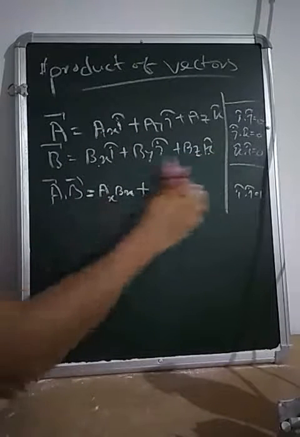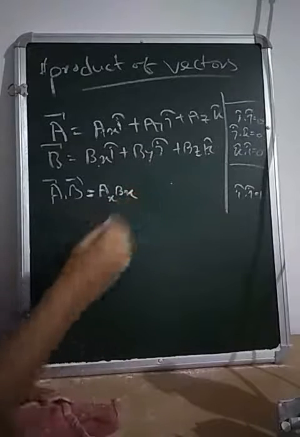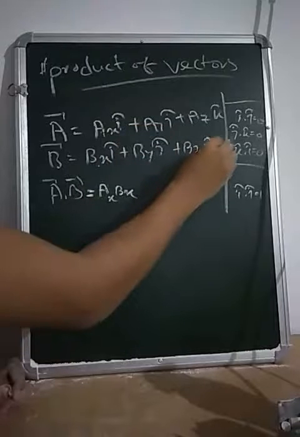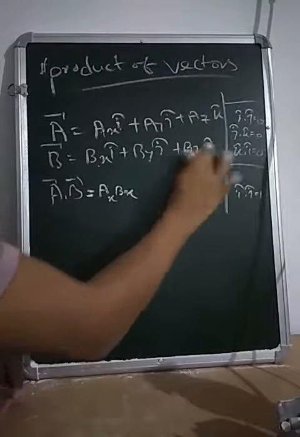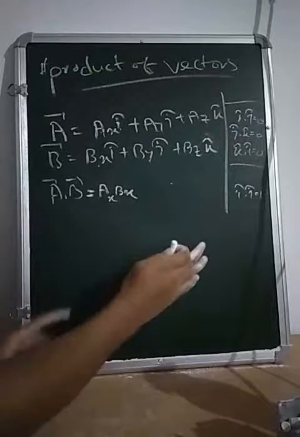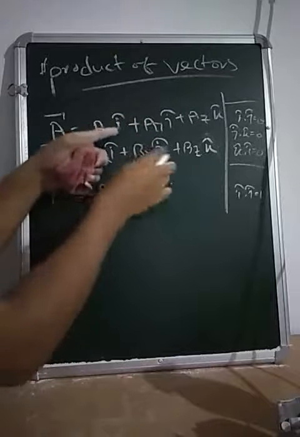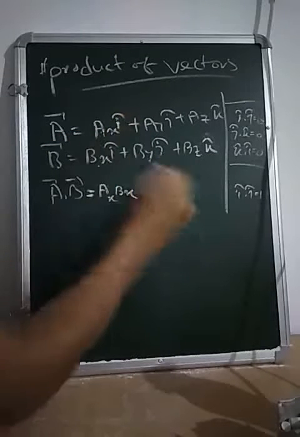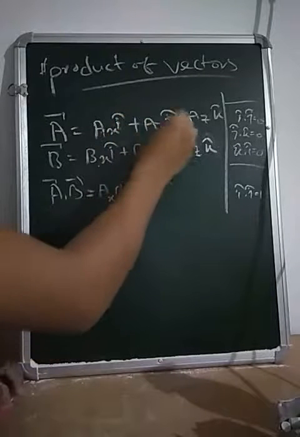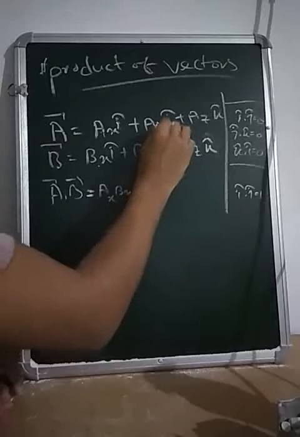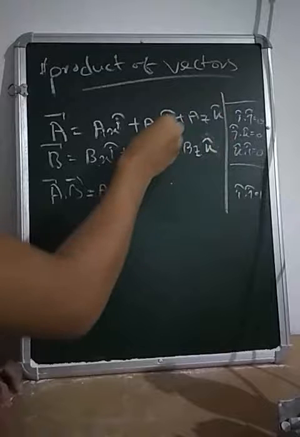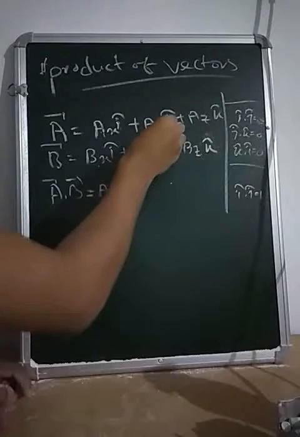So from here you can see that all the product terms containing different unit vectors will be 0, and only the product terms which contain the same unit vectors will remain.